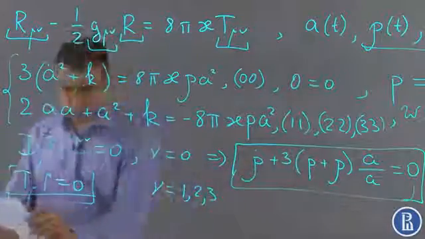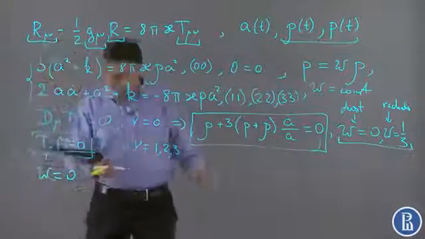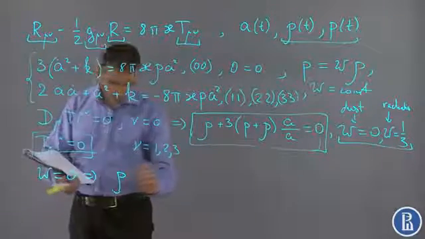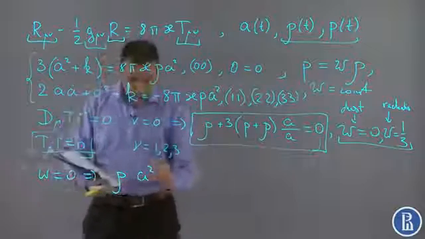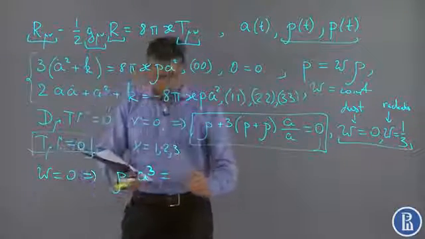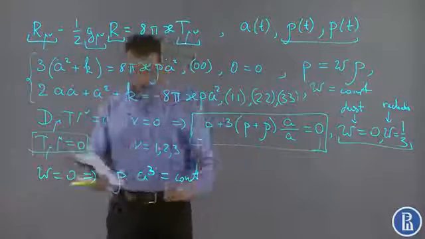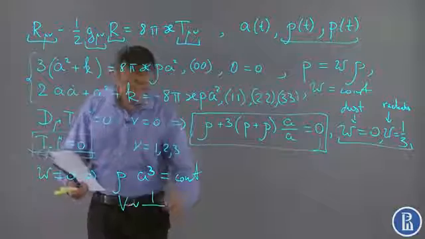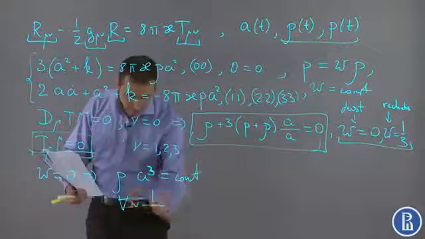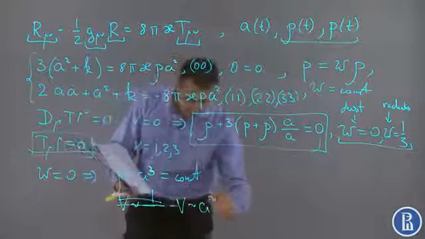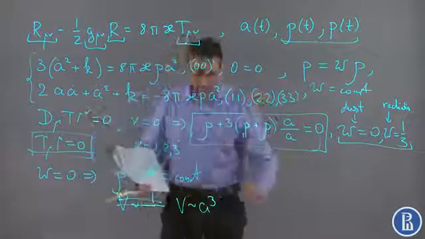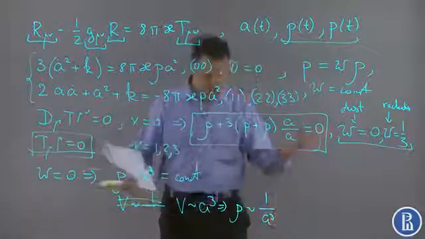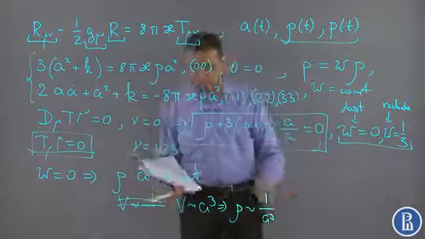First of all, for the case when omega equals 0, as a consequence of this equation, we obtain that rho times a cubed is equal to constant, which just tells us that if the volume of spatial sections behaves like a cube, so it either expands or shrinks, hence the density behaves like 1 over a cubed, the density of the dust, as it should be.